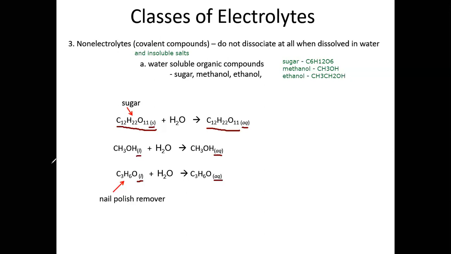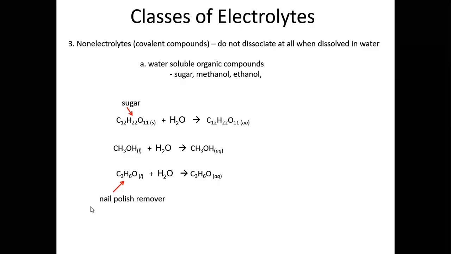We may touch on a little bit of weak electrolytes in some of these areas, but mainly we'll be sticking to strong electrolytes. So the goal of knowing these three classes of electrolytes is, if you're given a series of compounds, can you identify which one is a strong electrolyte, which one is a weak electrolyte, and which ones are non-electrolytes.